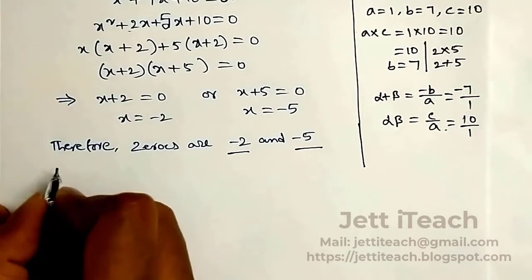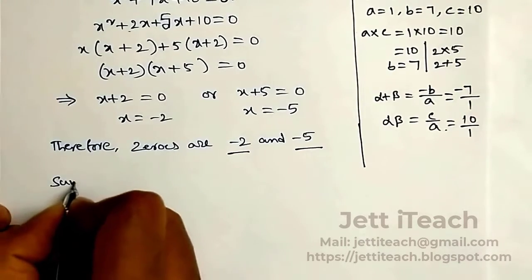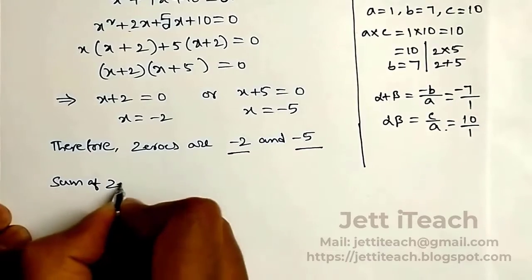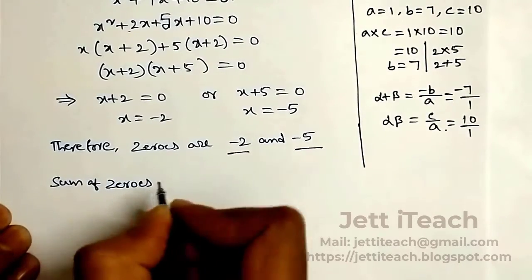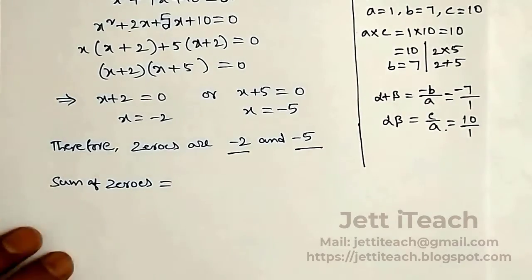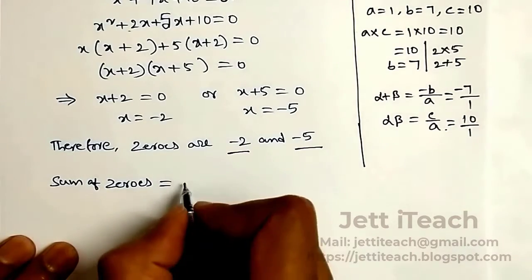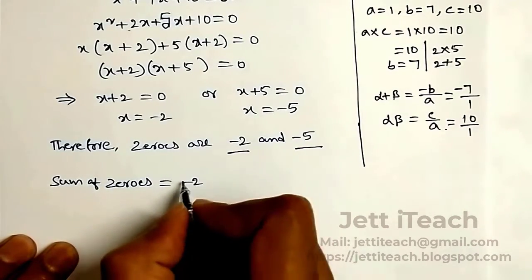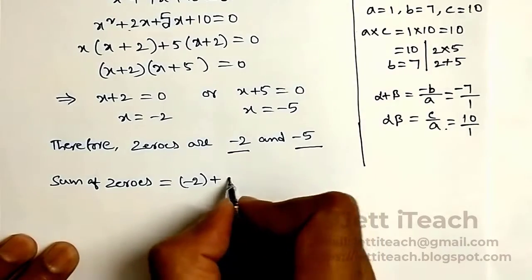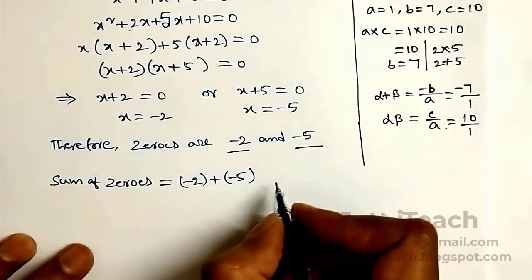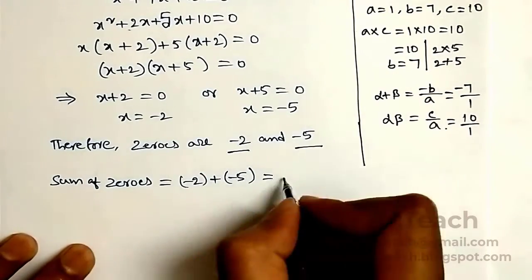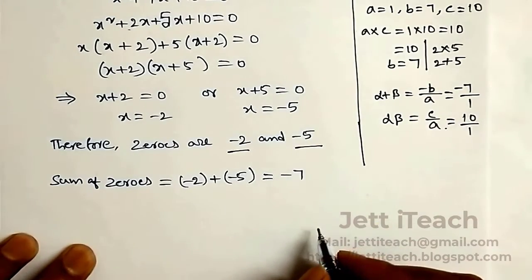What is the sum of zeros? Sum of zeros equal to minus 2 and minus 5. What is this value? Minus 7.